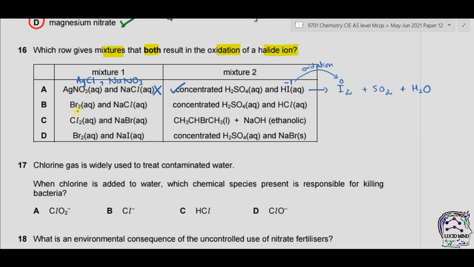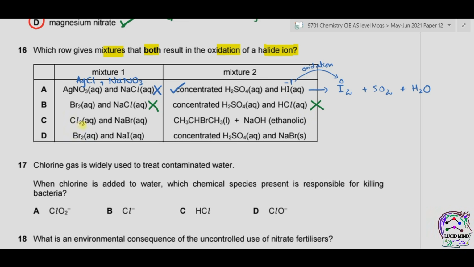In the second one, we have bromine that reacts with sodium chloride. As bromine is less reactive as compared to chlorine, bromine cannot displace chlorine. So therefore no reaction will occur. Second is the concentrated H2SO4 aqueous and HCl. Now concentrated H2SO4 cannot oxidize chloride ion into chlorine gas. It can only oxidize iodide.